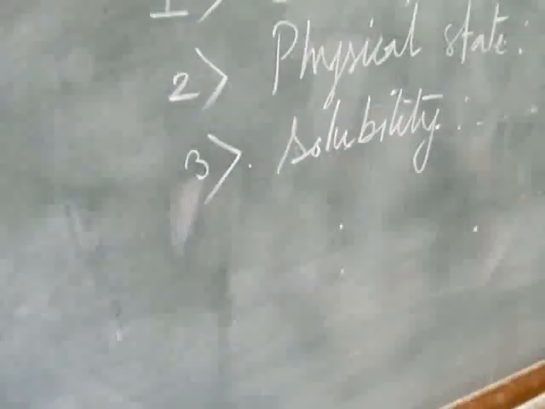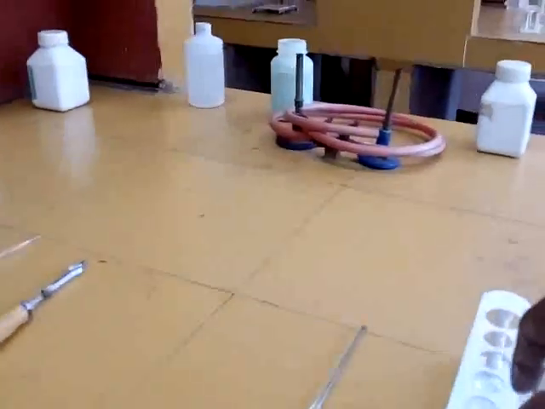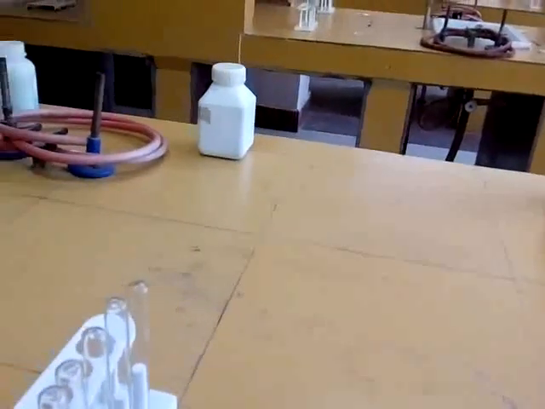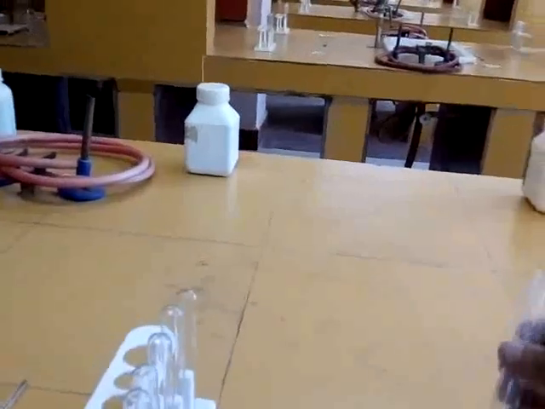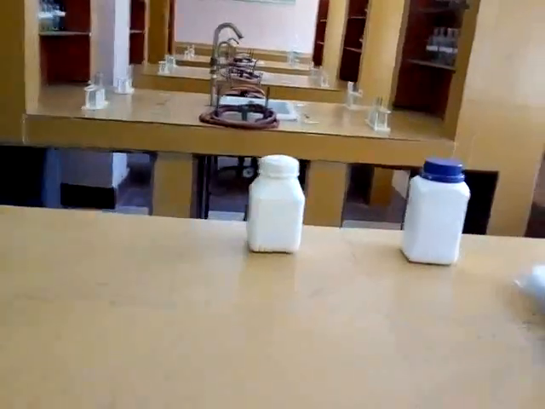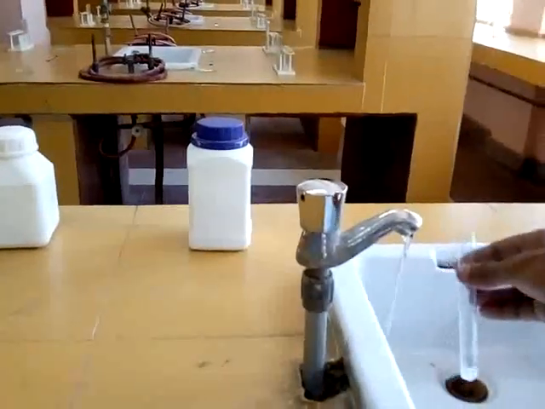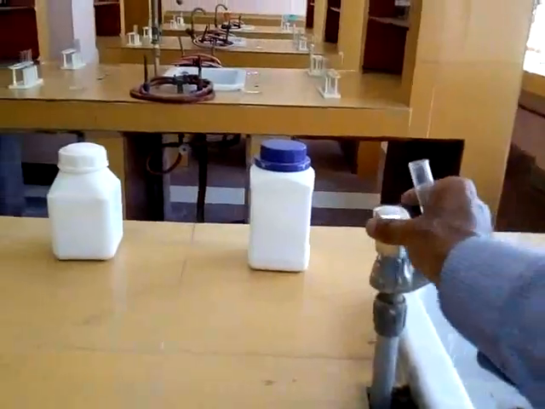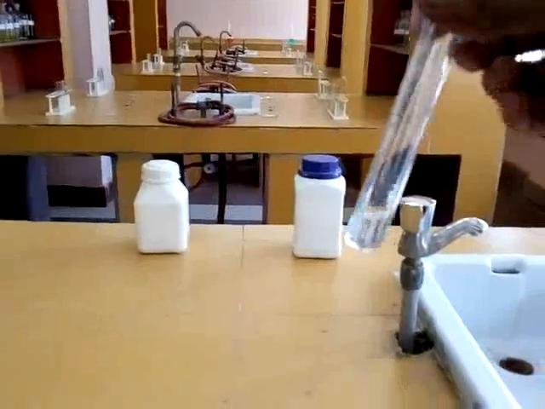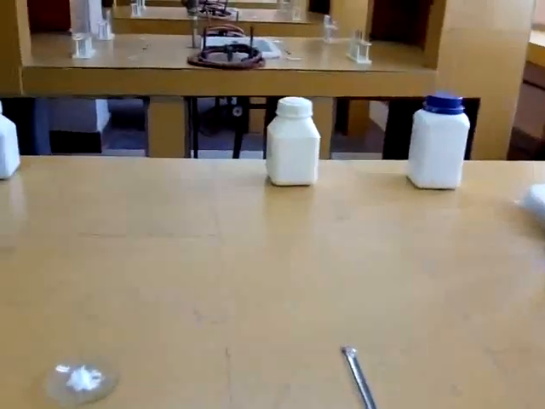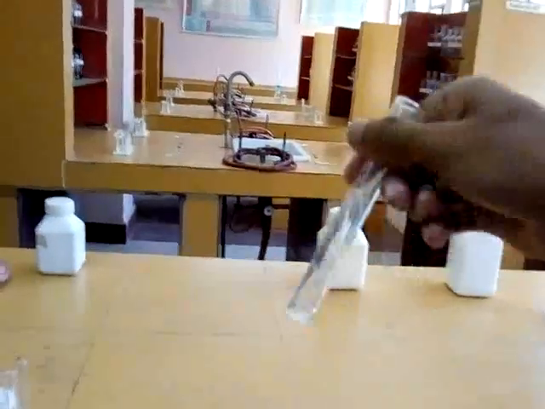Come to the next point, solubility. For the solubility test, take a pinch of salt in a dry test tube, then put water, 2 ml is sufficient. This is approximately 2 ml. Then you try to dissolve it. This is the right process of dissolving a salt.